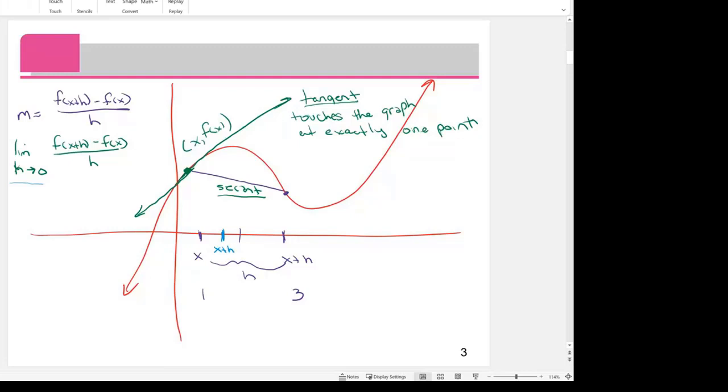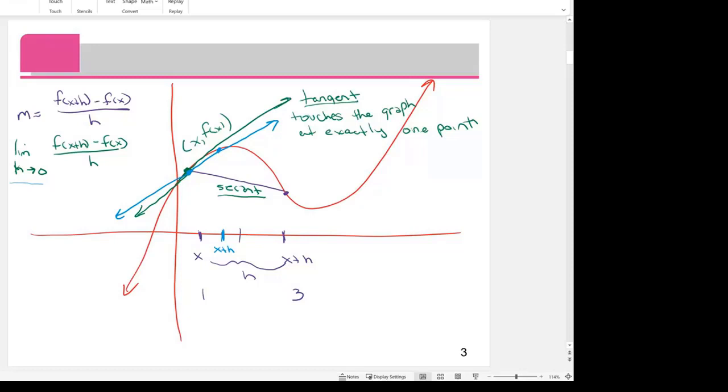Because what we've done is decrease the distance of h, and h is now getting closer to 0. If this is my point, and this is my point, now notice I have a secant line, and it is looking a lot closer to my green line, which is my tangent line.